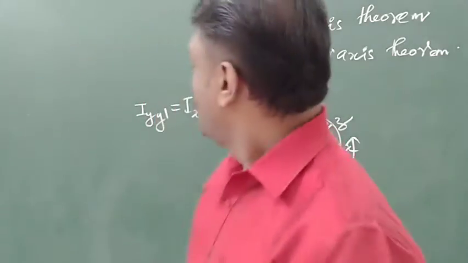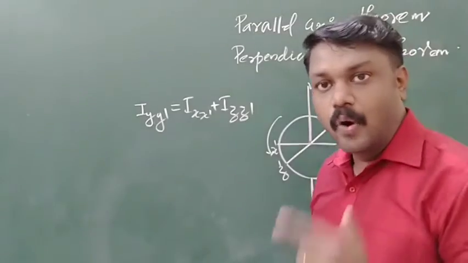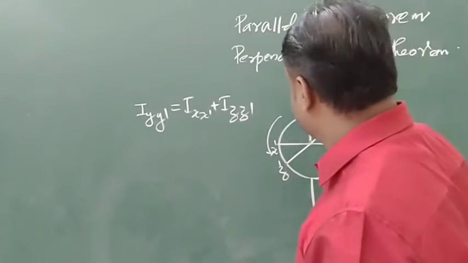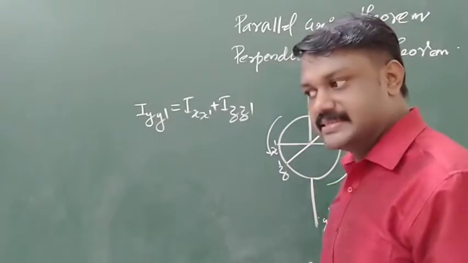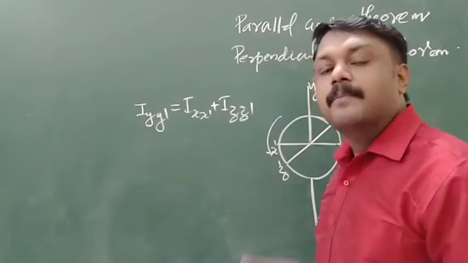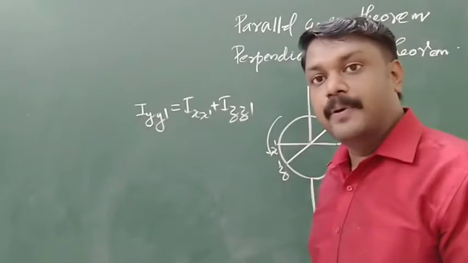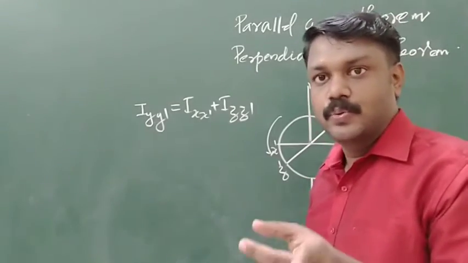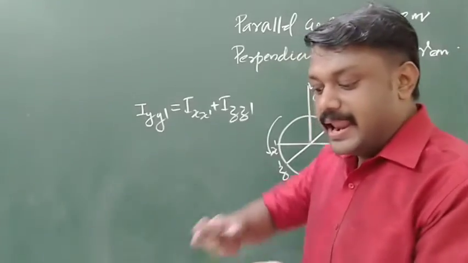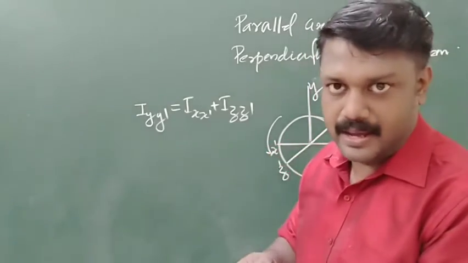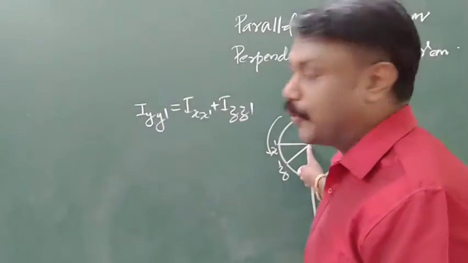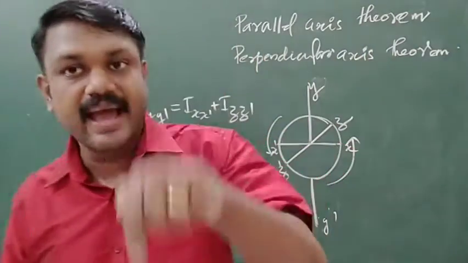What does it mean? The moment of inertia of a plane lamina about an axis perpendicular to its plane is the sum of the moments of inertia about two perpendicular axes lying in the same plane of that lamina and meeting at the same point through which that third axis is passing.